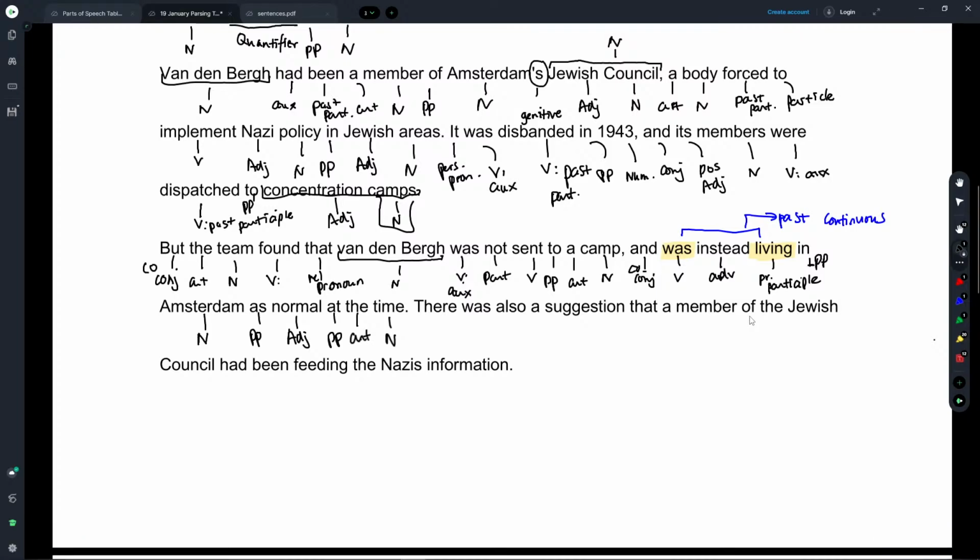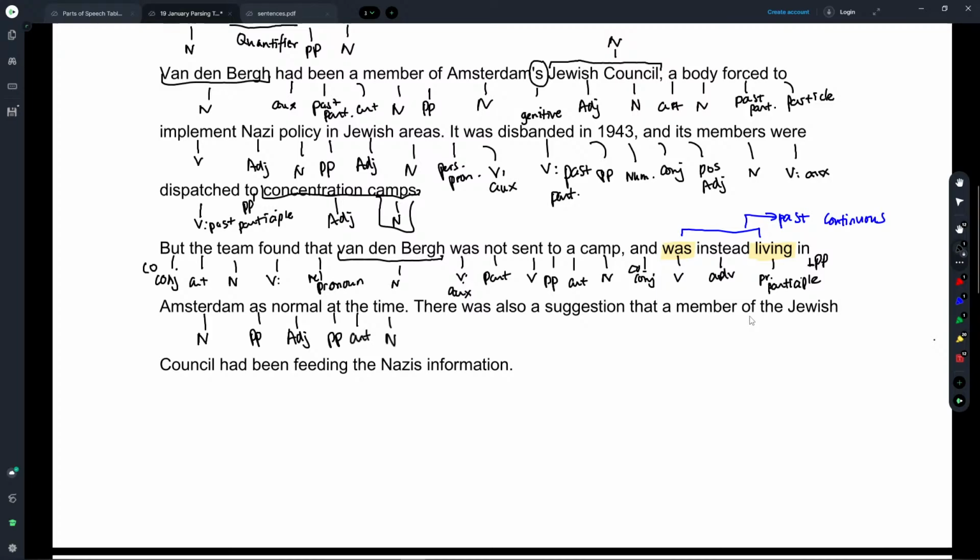So I said determiner for the, and that's not, of course, incorrect, because articles are part of the determiner category. It's just that we have a more specific part of speech for the.